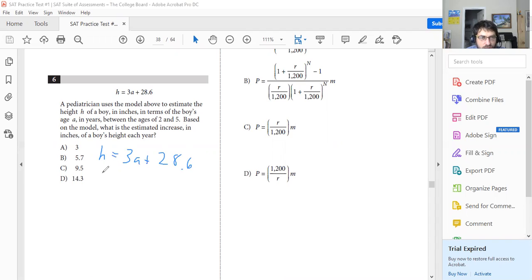So h is again your height. A is age or years. This will also be height in inches. And 3 will be, in order for the units to match again, inches per year. So he's growing 3 inches per year, which is what they're asking for. What is the estimated increase in inches of a boy's height each year? Will simply be the slope, or 3.